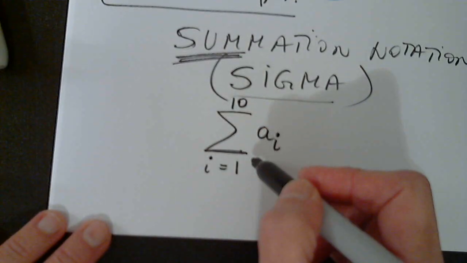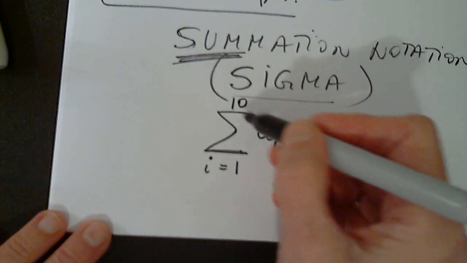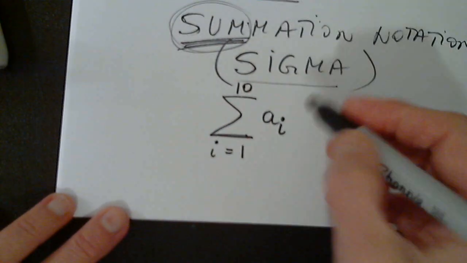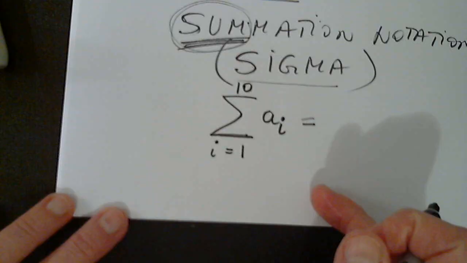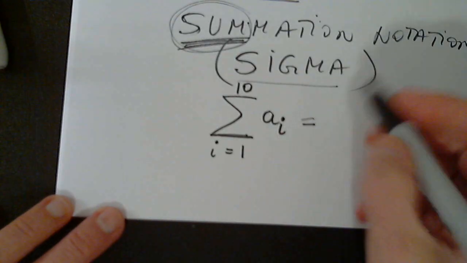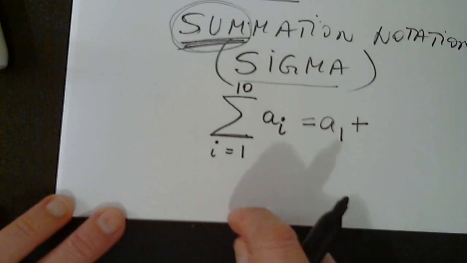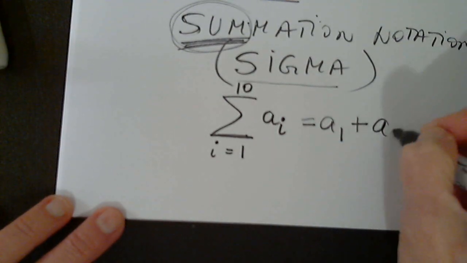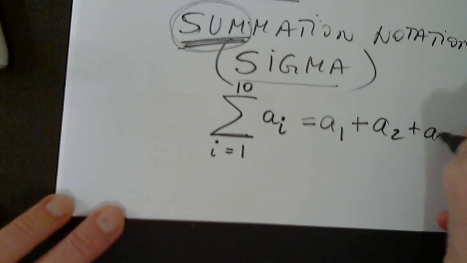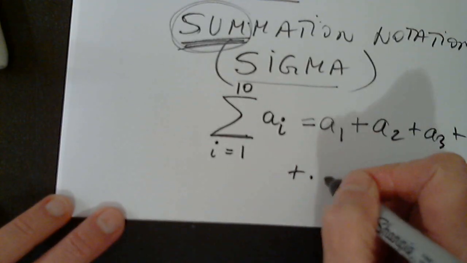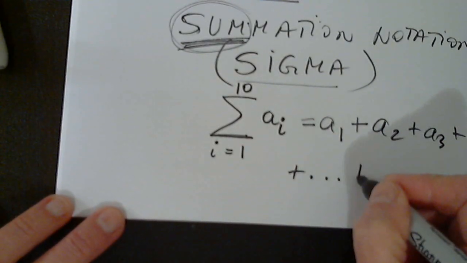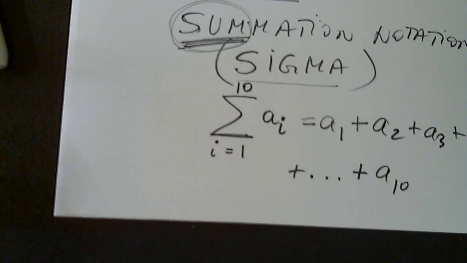This sigma notation or summation notation represents a sum of terms. So how do I write this out? When i is 1, A1. The sum says plus. When i is 2, A2. When i is 3, A3, plus. Exactly 3 dots, another plus sign, and when i is 10, I'm done.